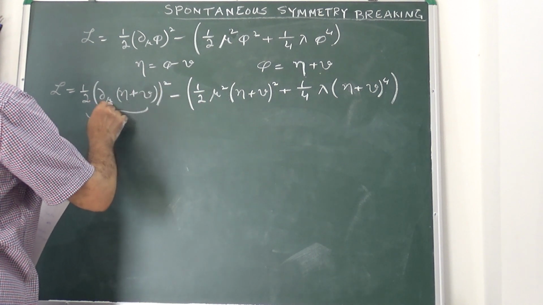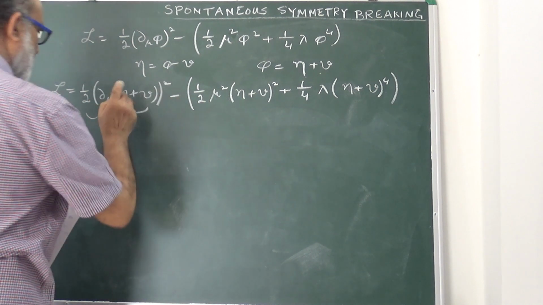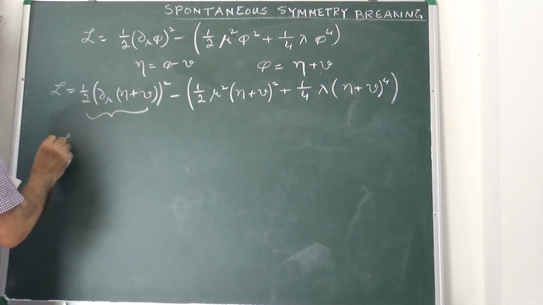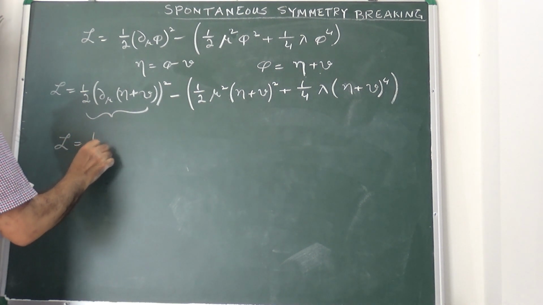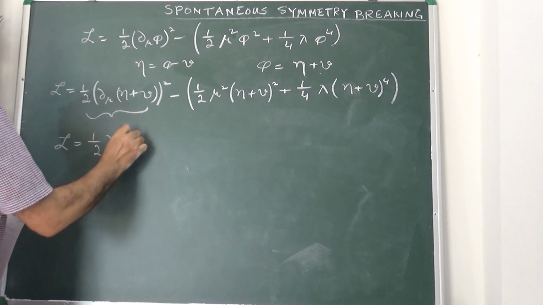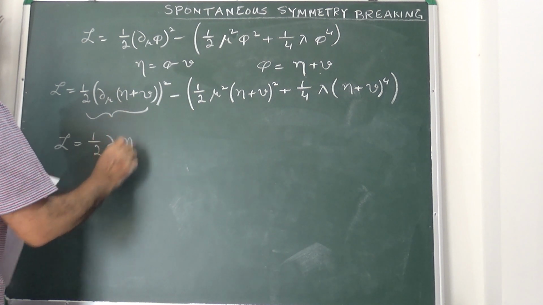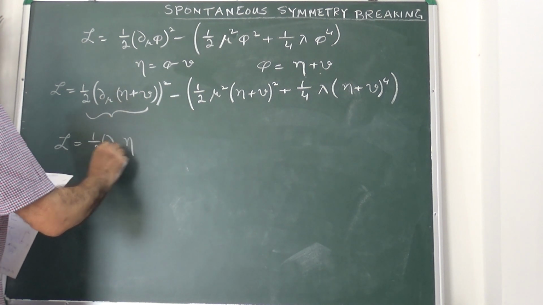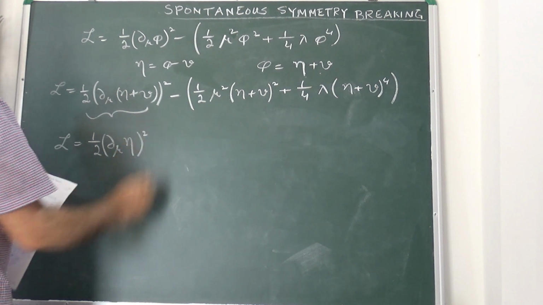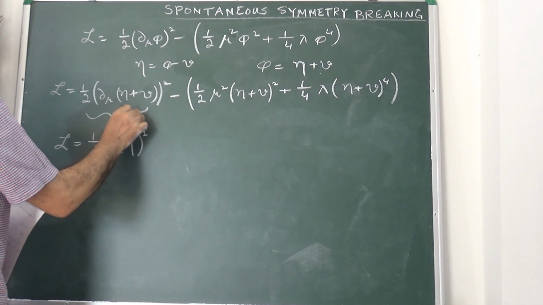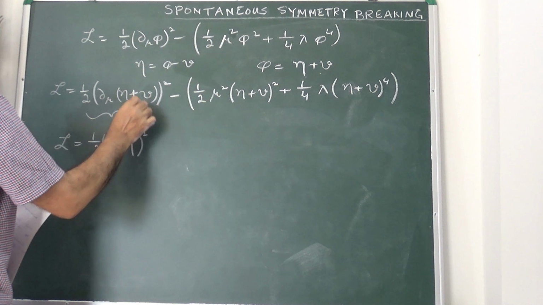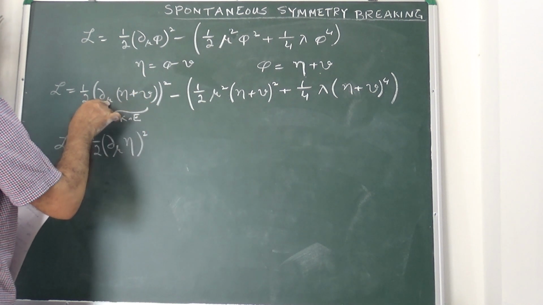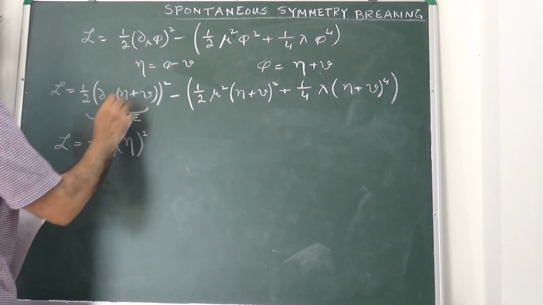So the derivative of this constant will be 0, and you will be left with the kinetic energy part, half del mu eta square. This is the kinetic energy part. v is constant, so the derivative of v with respect to space and time will be 0, so it's good.